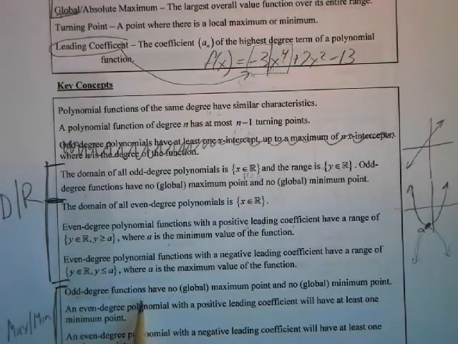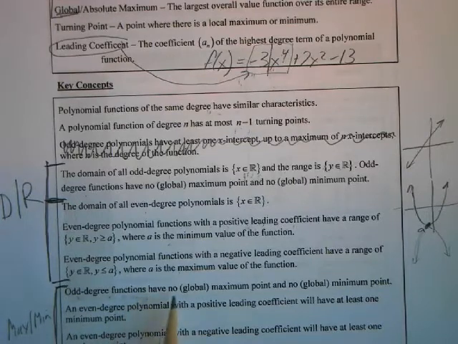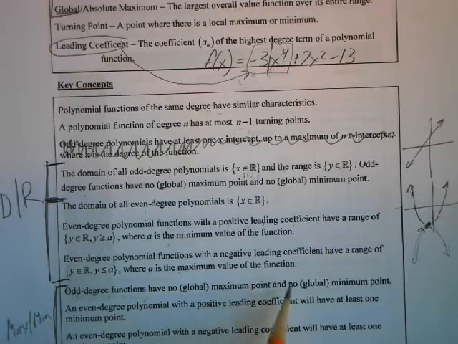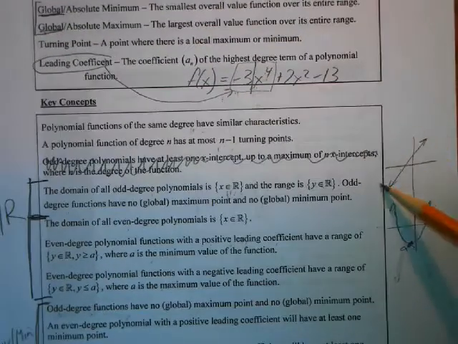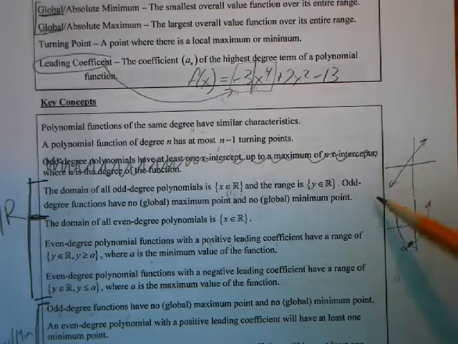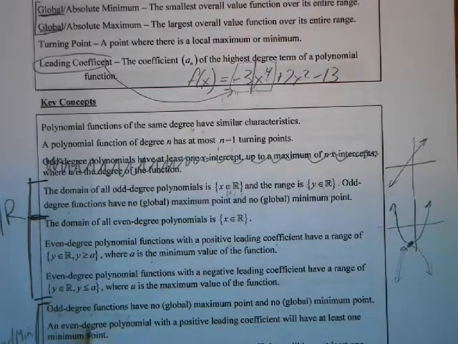Odd degree functions have no global max or global min. Remember, this is our simplest odd degree function. There's definitely no global min or global max here. It just keeps on going up and down forever. And that extends to cubic, degree 3, degree 5, degree 7. So that's odd degree.